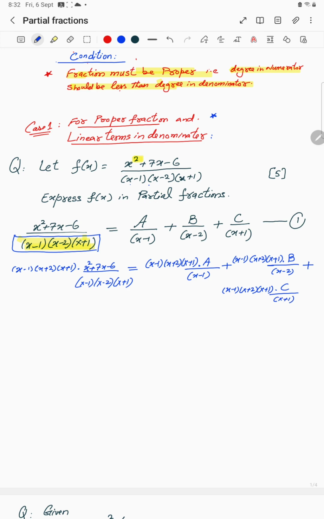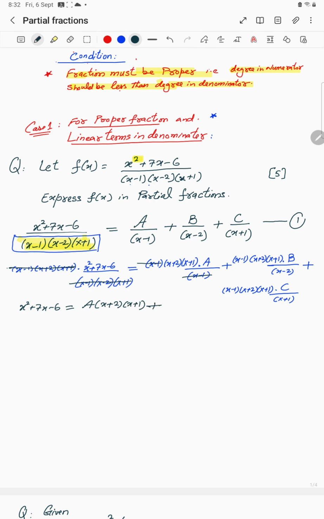And here the cancellation will take place. This whole thing cancels with this. So on the left-hand side we are left with x square plus 7x minus 6, equal to: with A, x minus 1 cancels, and we get A times x minus 2 times x plus 1.